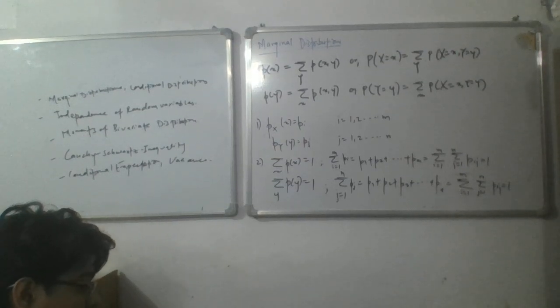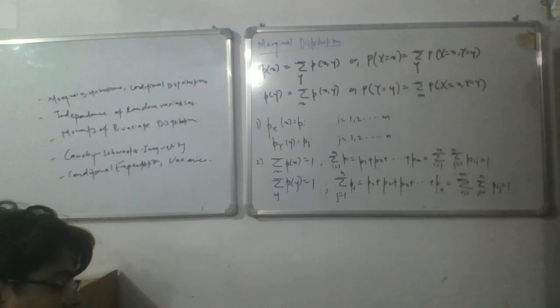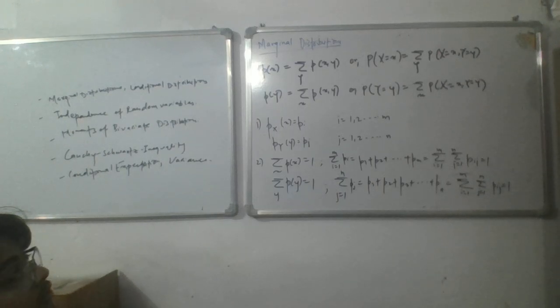When the joint probability distribution of two random variables x and y is given, a situation may arise where we need to determine the probability distribution of x alone or y alone from the given joint distribution. The probability distribution of only one random variable, x or y, is called the marginal probability distribution of x or of y.